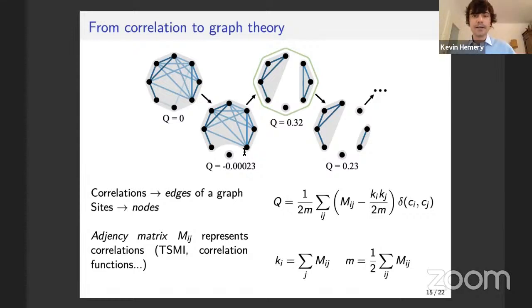Exactly. And not only is it possible to do it, it's very efficient. It's very easy to remove bonds. I have very few things to store: which sites are grouped together and what the correlations between these sites are. Then in a fraction of a microsecond, I can just evaluate on the computer what this modularity is.